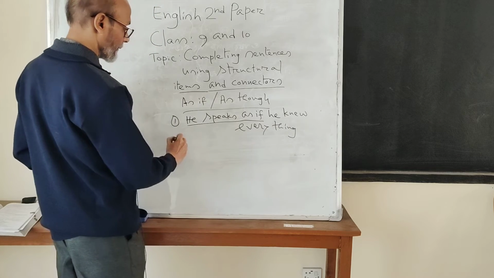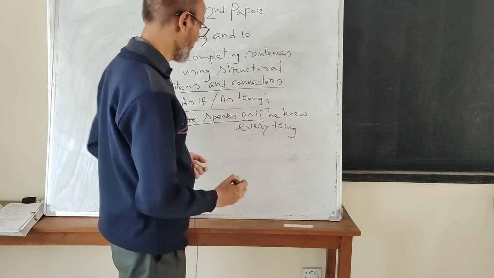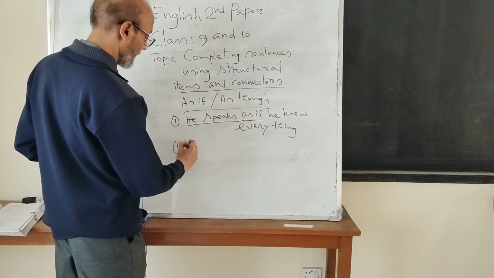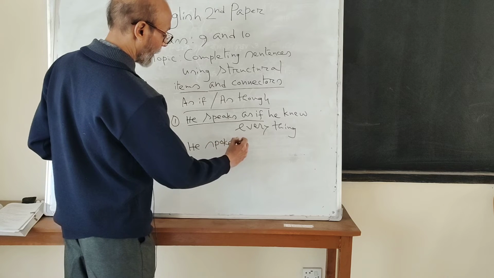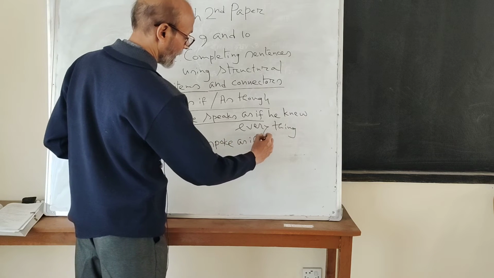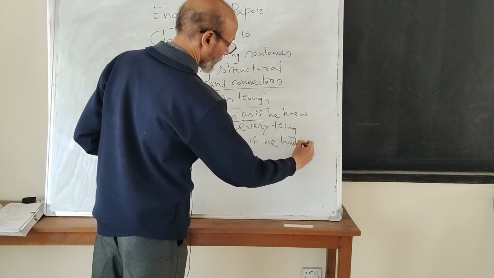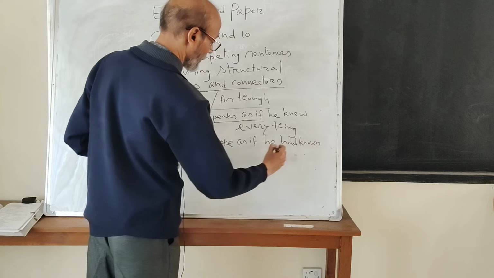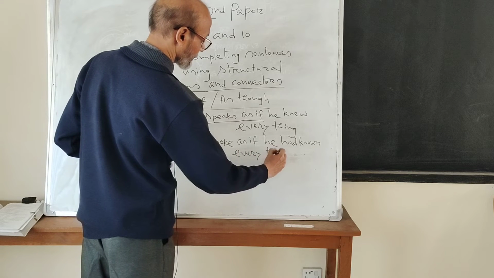Look at here, variations here. If you get in the place speaks, first form, what you will write? He spoke as if, that time you have to change. He had known everything.